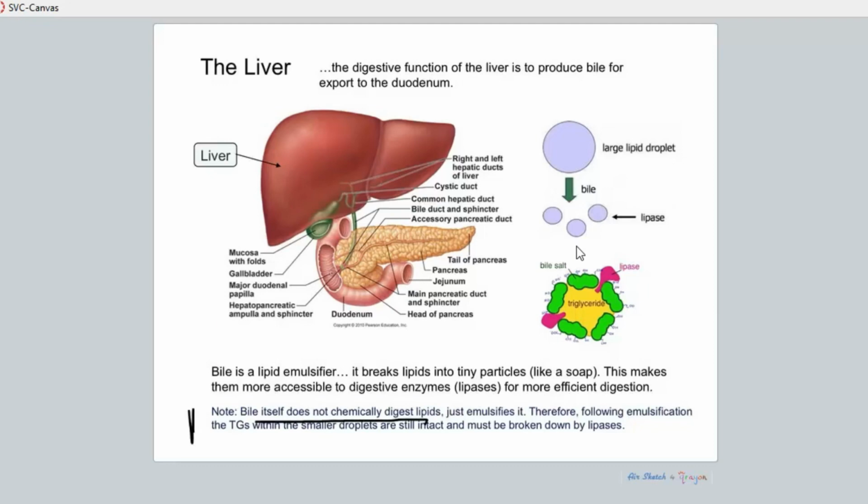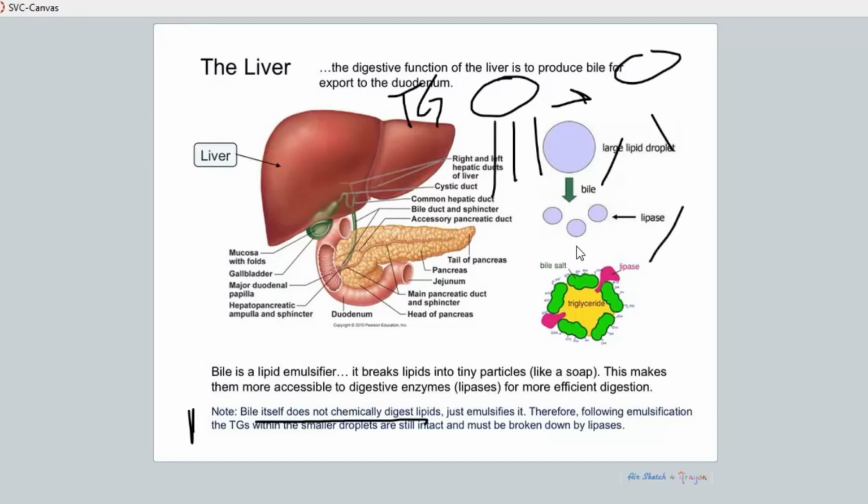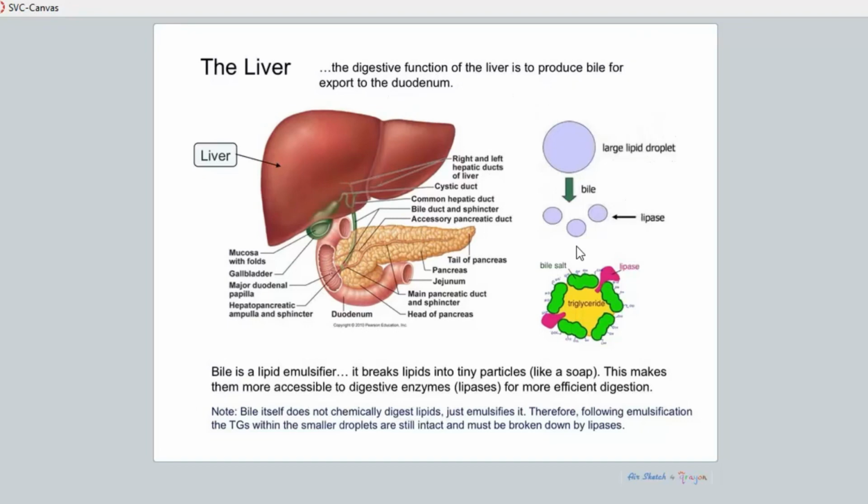So when we talk about the chemical digestion of lipids, we're talking about taking these glycerol and these free fatty acids from a triglyceride molecule and breaking them down into these individual parts. Okay, these individual parts here. Bile does not do that. What bile does is it takes these large lipid droplets and it breaks it down into smaller lipid droplets. So there's still intact triglycerides within these lipid droplets here.